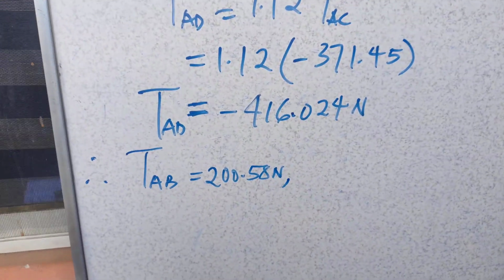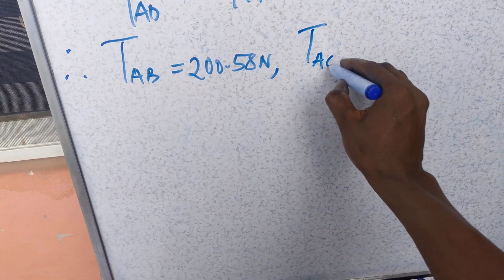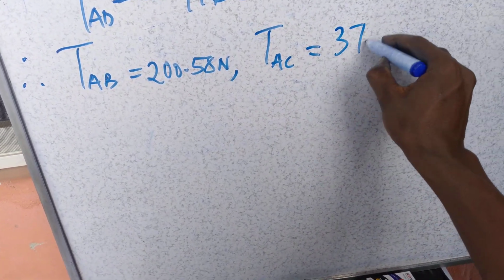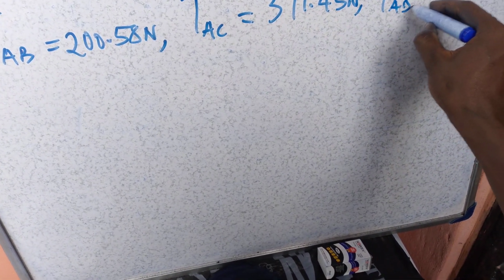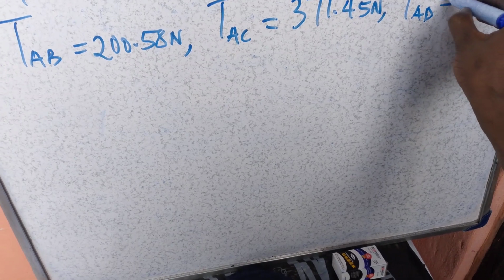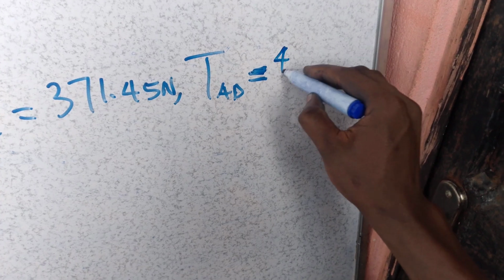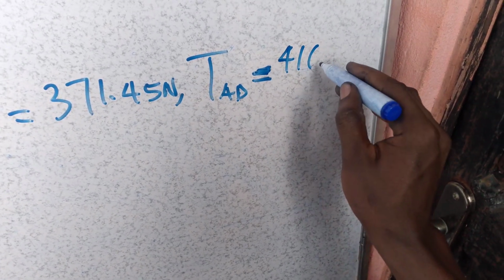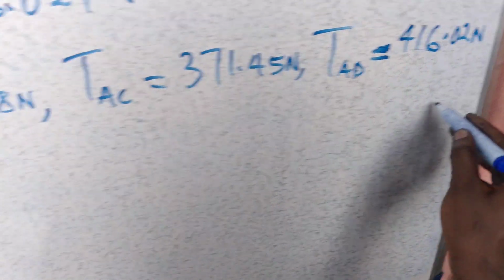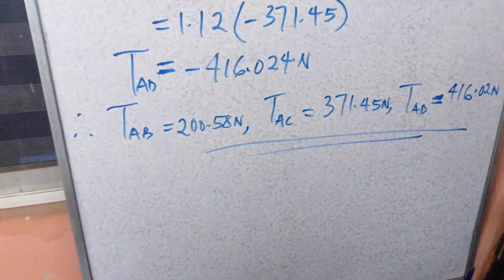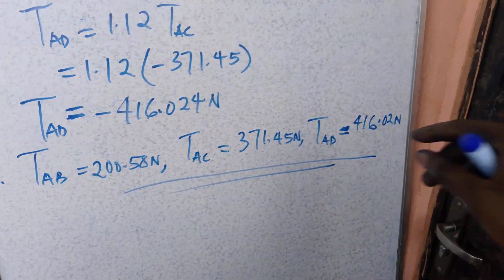If you neglect the minus sign, then tension AC is 371.45 Newton, and tension along AD is 416.02 Newton. Okay, so those are the tension along the cables.